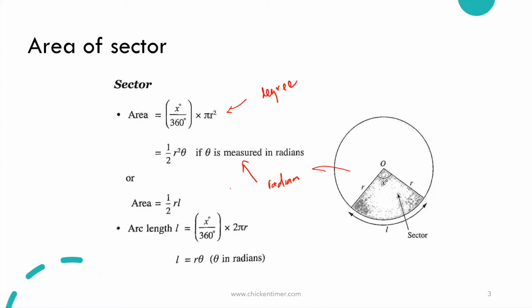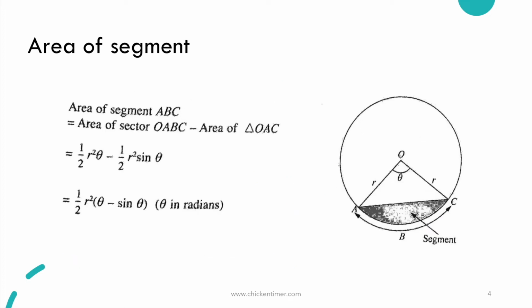The arc length, which is this portion, is also defined by 2 formulas. One is this one in degrees and the other in radians. Depending on the question and the units, you will choose the formulas accordingly.